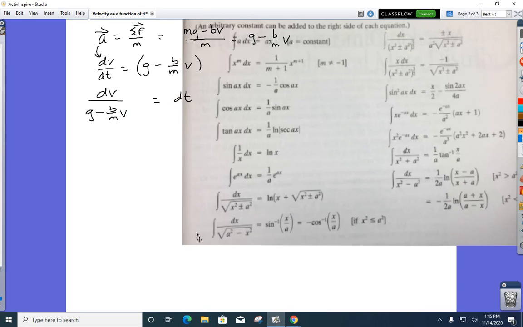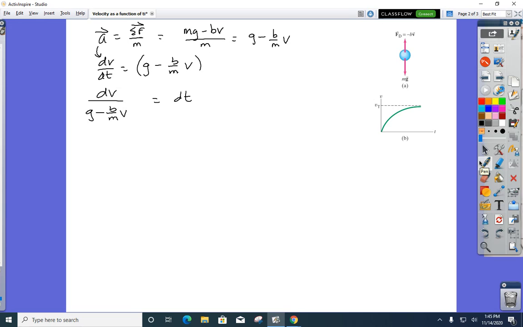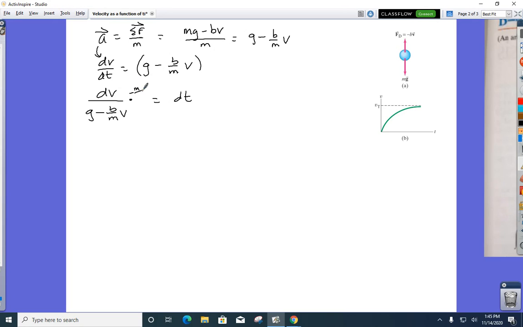So I'm going to clean that up a little bit so that I can do the integration fairly simply. I'm going to start by multiplying both the numerator and the denominator by negative m over b, just to give me a v in the denominator with a coefficient of 1 instead of negative b over m. Again, there are multiple ways to do this math, but I choose to do it this way.